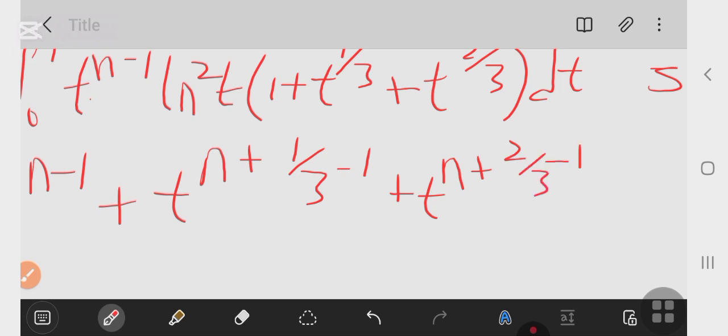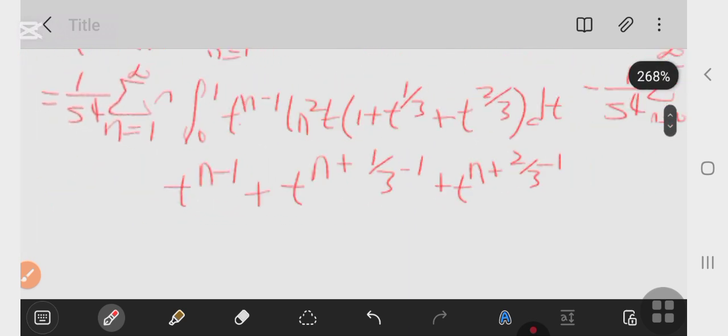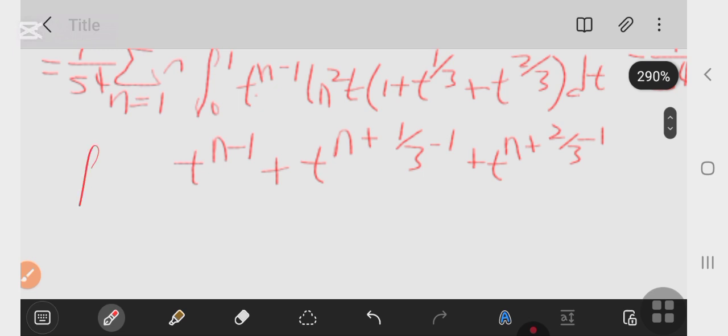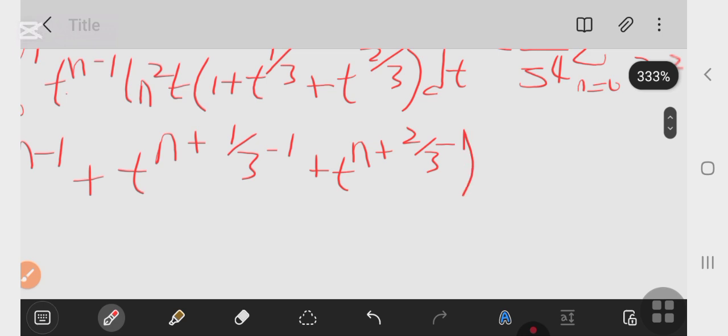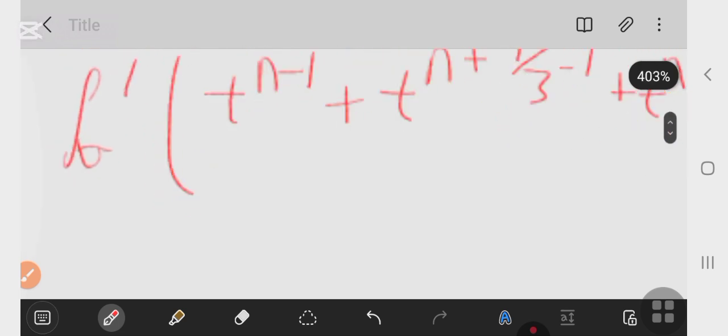So if I introduce the integral from 0 to 1, then ln square t dt.